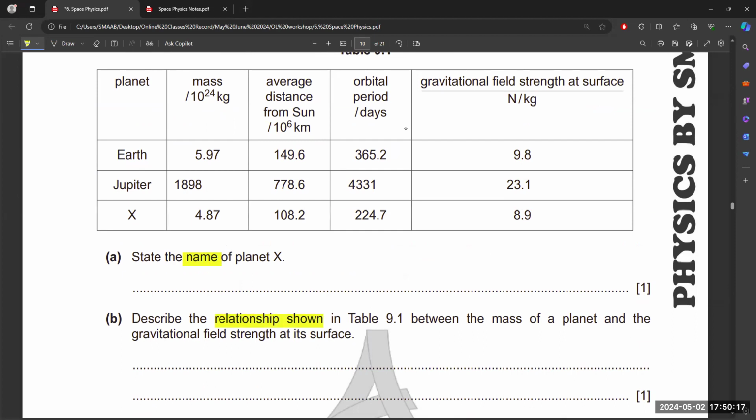And otherwise they will ask about the life cycle of a star in any form, that it will convert into this or that. So these are the concepts linked in the questions of space physics from the past papers and some specimen papers till now, right?